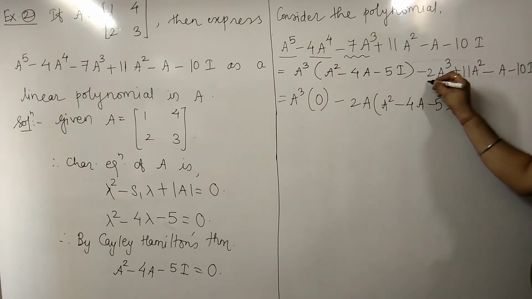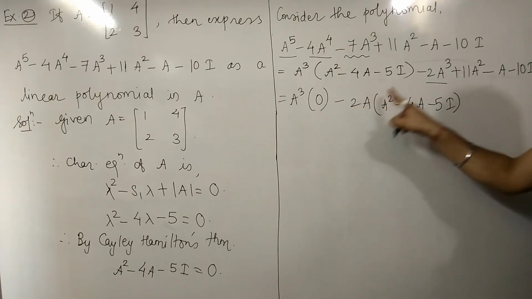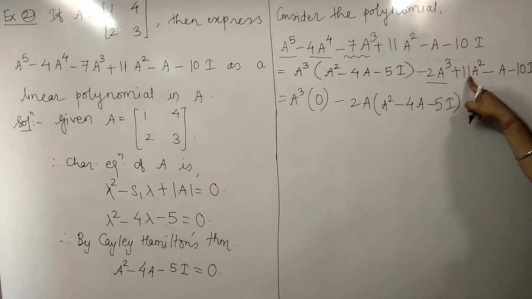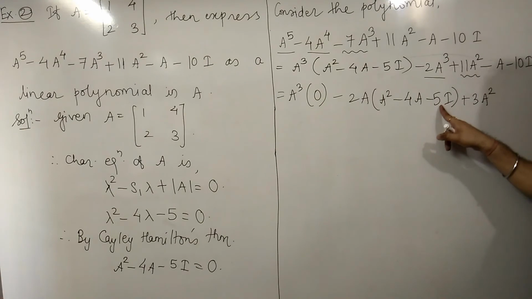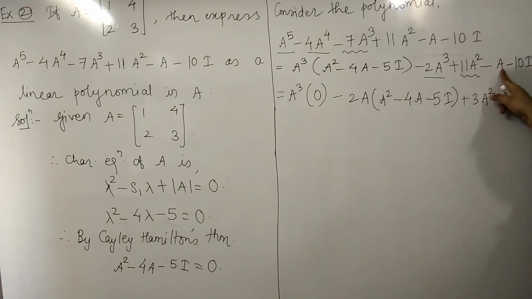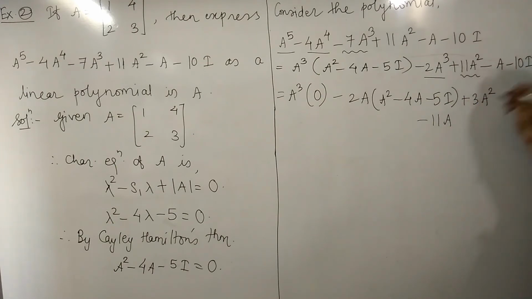So it is minus 2A cube, yes, we are getting it, then minus 2A into minus 4A, it is 8A square, and here we have 11A square. So we have to write plus 3A square as an additional term, plus this is 2A into 5I, which is 10A, and here we have minus A. So we can adjust here minus 11A and then the rest is minus 10I.